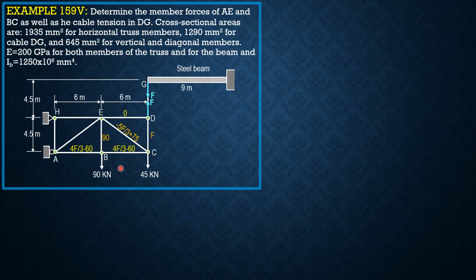Then after that, you may proceed to A, summation of forces vertical to derive AE, or you proceed to E. So show that this is 5/3 of F minus 225, and summation of forces X at E, negative 8F over 3 plus 240. Then lastly, for member EH at A, summation of forces Y, you will have negative F plus 135.